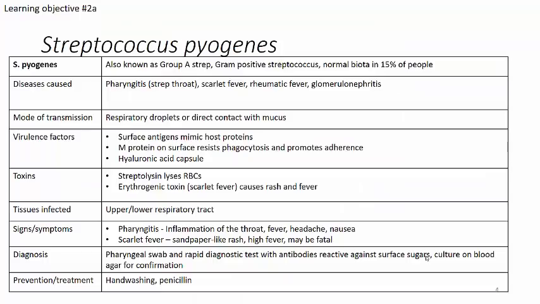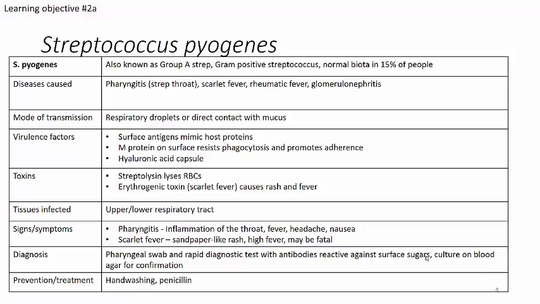Okay, the first microorganism that causes disease in the respiratory tract that we'll discuss is Streptococcus pyogenes. So this is a round-shaped bacteria. Strepto tells us that it's arranged in long chains. It's also known as group A strep. It's gram-positive, and in 15% of people, it's part of our normal biota.